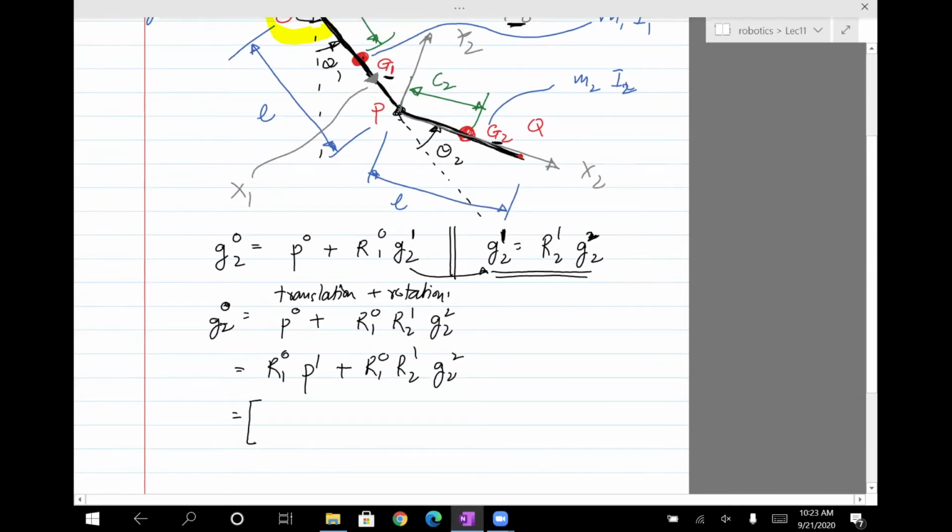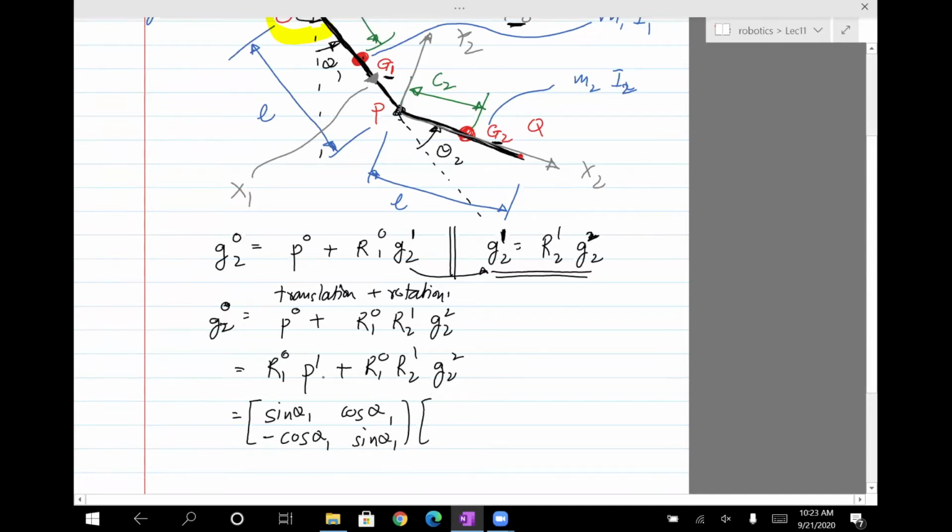So I'm just going to write down the final formula which we get after I eliminate cosine 270 plus theta and so on. So I get, if you look back, it will be sine theta 1, minus cosine theta 1, everything is theta 1, cosine theta 1, sine theta 1.